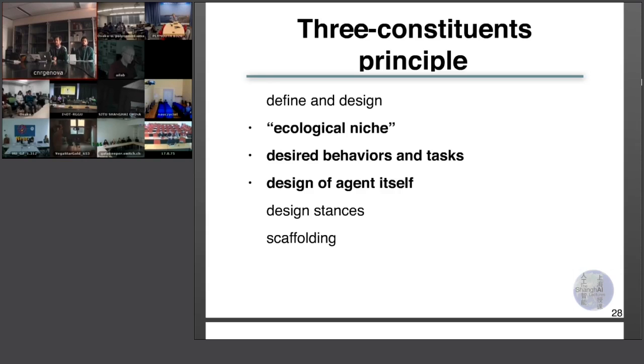There are lower levels: for instance, ants are not very good at discussing Russian literature, right? But they can do many things. So the behaviors and tasks that you want to implement are important.